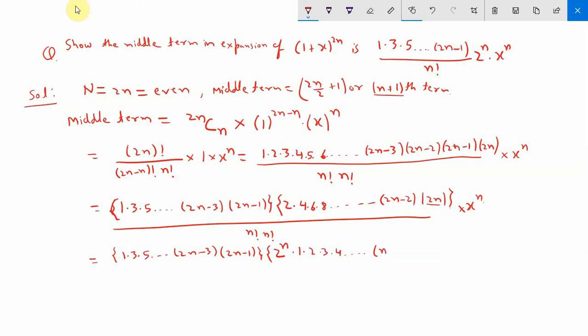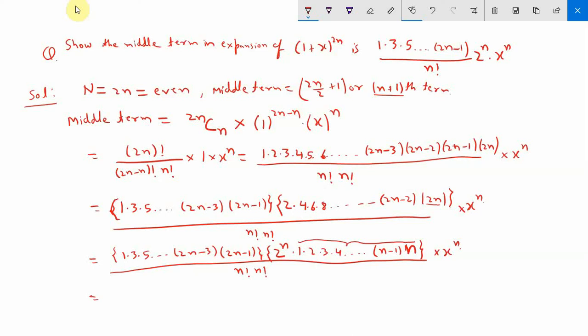Similarly we have n minus 1, and the last term will be n, divided by n factorial into n factorial into x to the power n. Now if we see this term 1 into 2 into 3 into 4 up to n, this is nothing but n factorial.